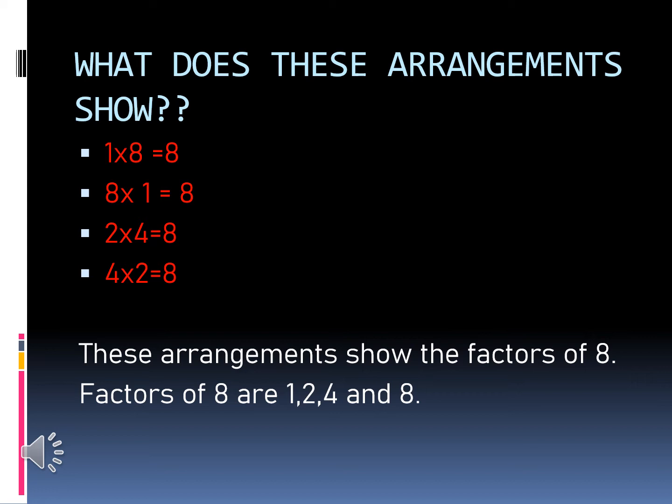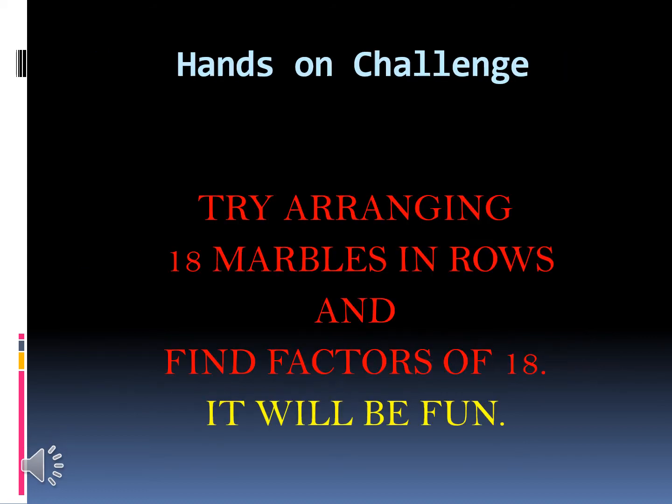So divisibility rules will help you understand which numbers exactly divide a given number, and you can find the factors easily. Now as a practice, try arranging 18 marbles in rows and find factors of 18. It will be fun for you.